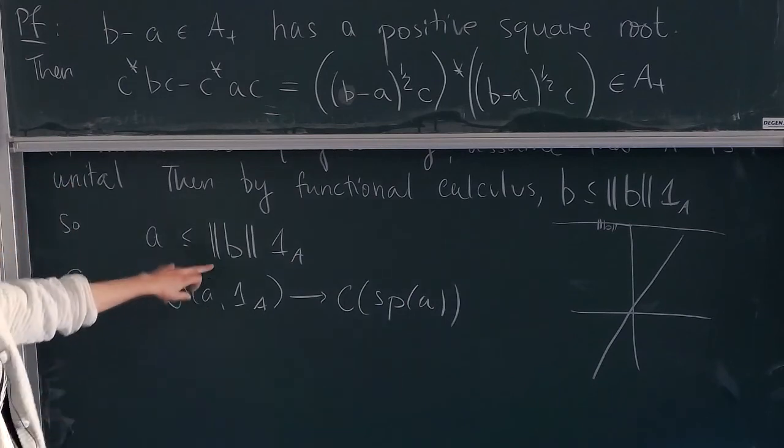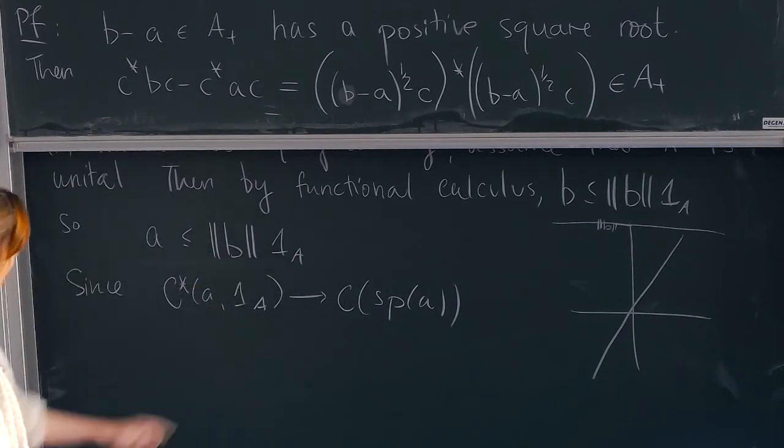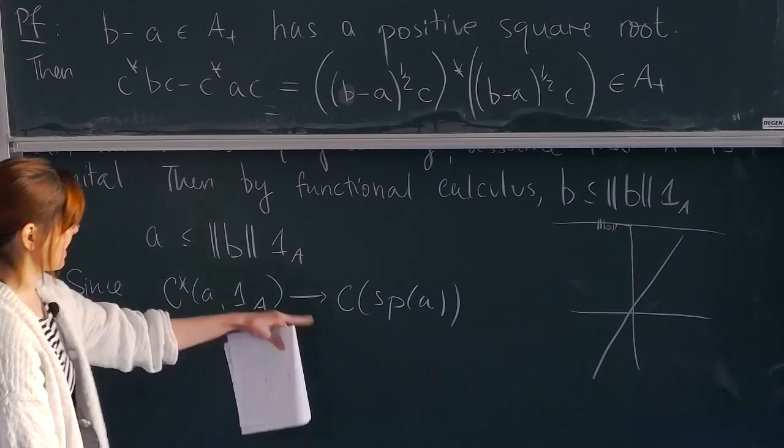Now, this is just a scalar multiple times 1A, and we know that this map is isometric.